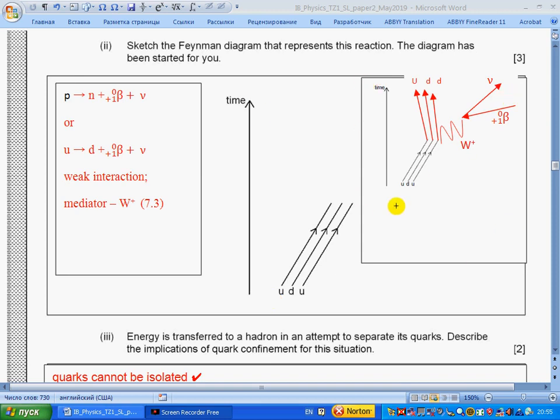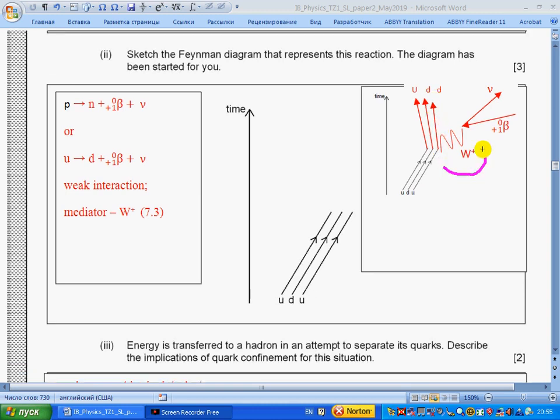We have this up quark that doesn't change, but the last one, for example, decays here, turns into down, and sends out a W plus boson. Then the W plus boson turns into a beta plus particle and neutrino.